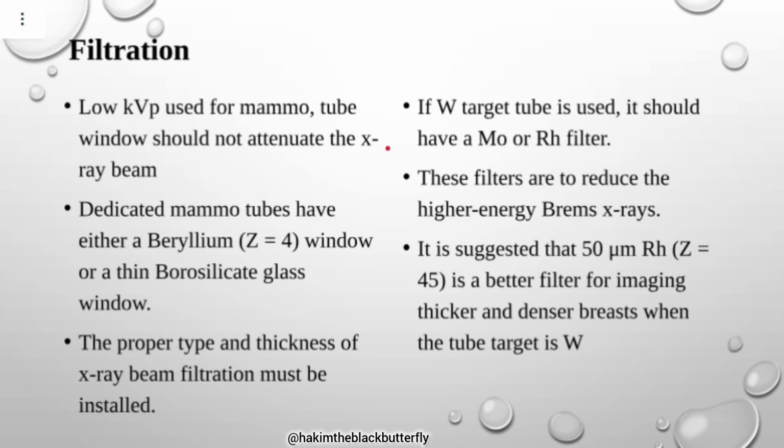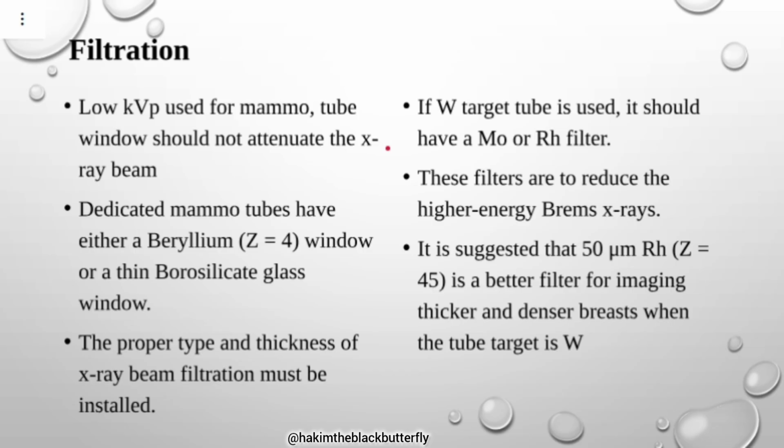The inherent filtration is undesirable in mammo. Let the filtration be done by the added filters itself, because if the inherent filtration is a lot, and then you add the added filtration, in the end you're not going to have photons.